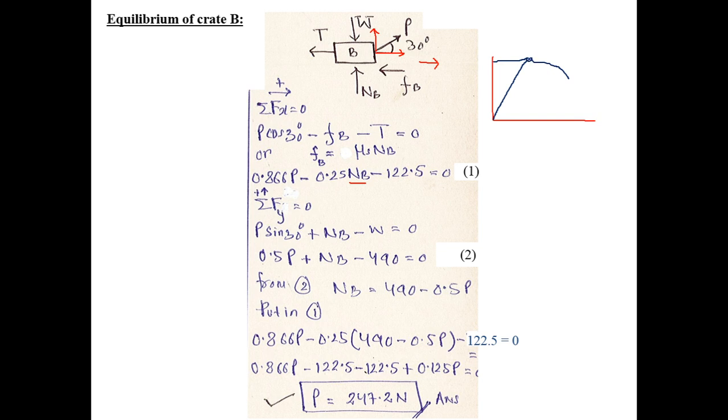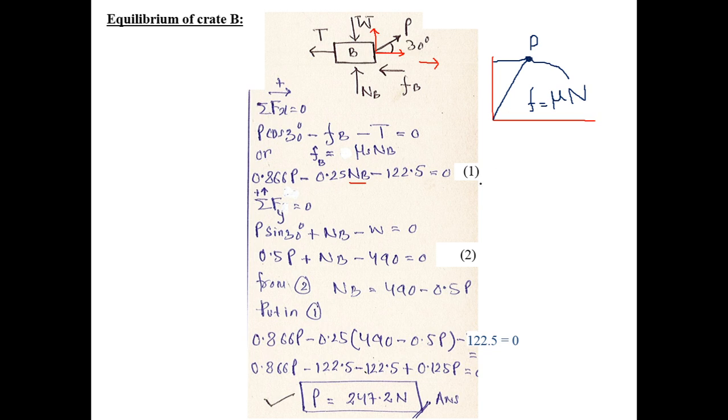Both our contact points are at this point because this is the value of P, which is 247.2 newtons, and at this value of P, F acting at both points will be equal to its maximum value, that is mu times N. And at this point, both the crates are just about to move. They are at the point of impending motion.